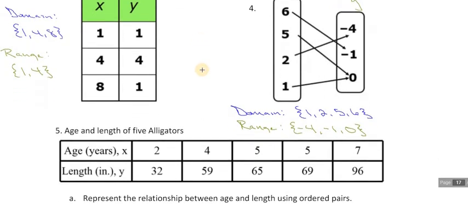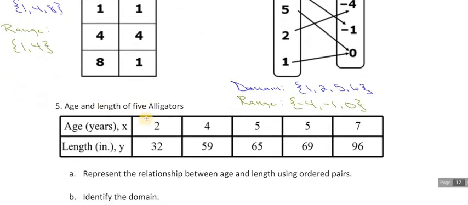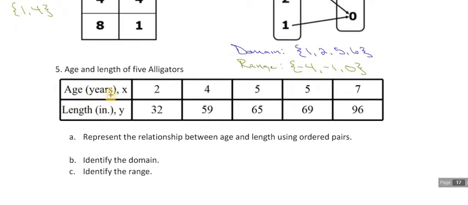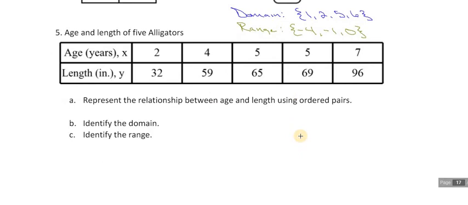In number 5, we've got the age and length of 5 alligators, so it's somewhat of a real-life situation. We've got a horizontal XY table. Part A asks us to represent the relationship between age and length using ordered pairs. Because X is the top and Y is the bottom, our ordered pairs are arranged vertically here.